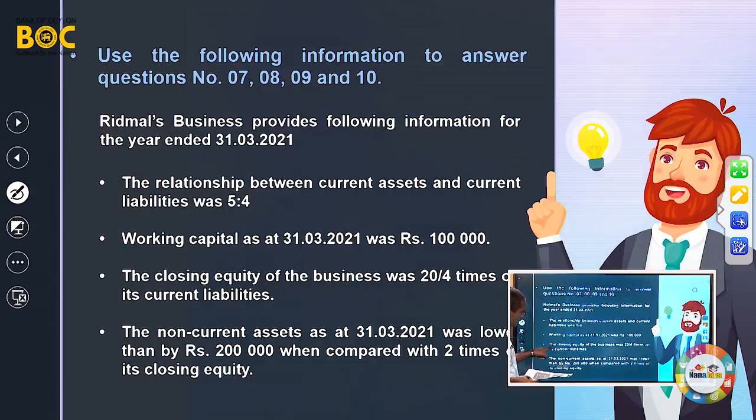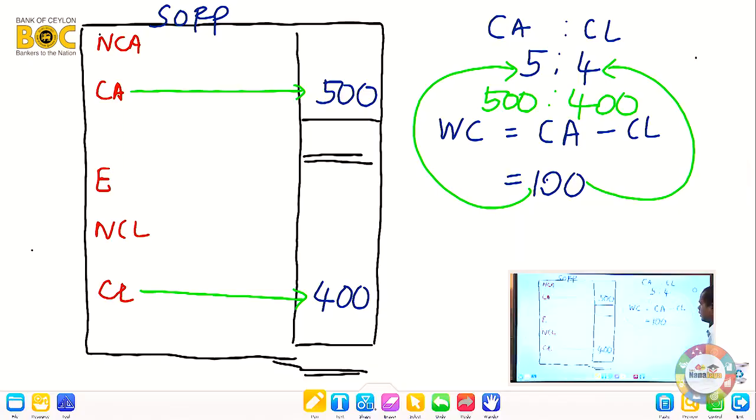The third point: the closing equity of the business was 20/4 times current liabilities. So equity equals 20/4 times current liabilities. We found current liabilities to be 400.